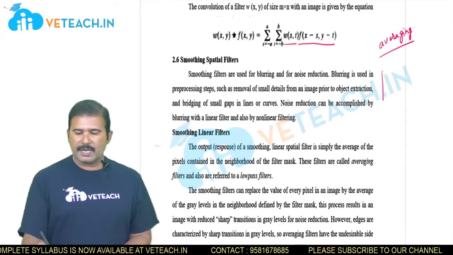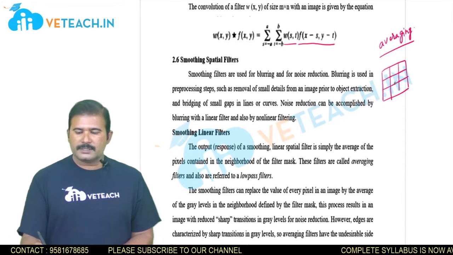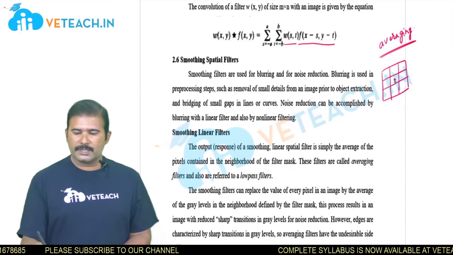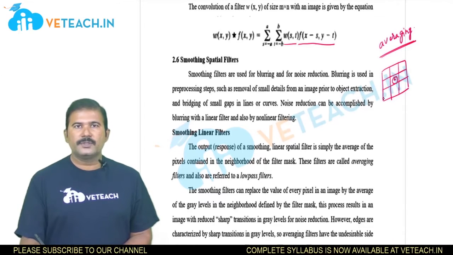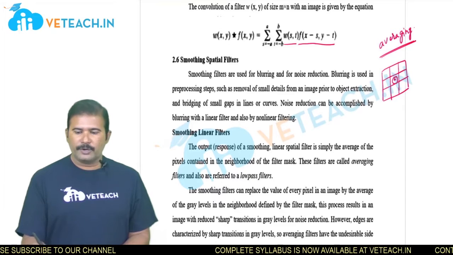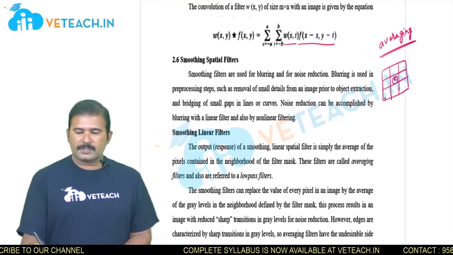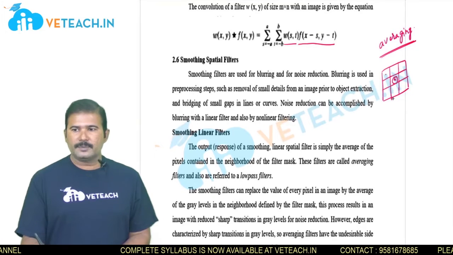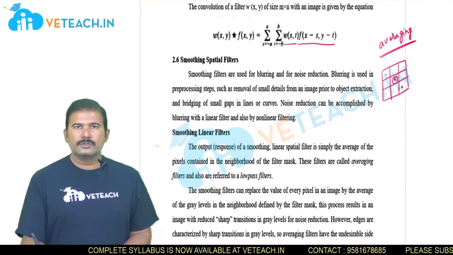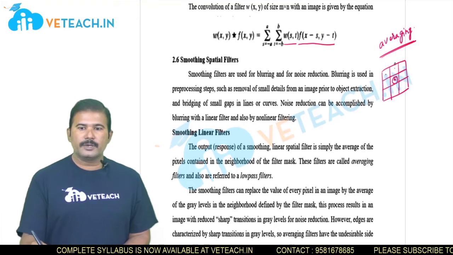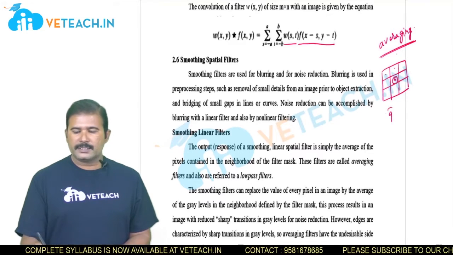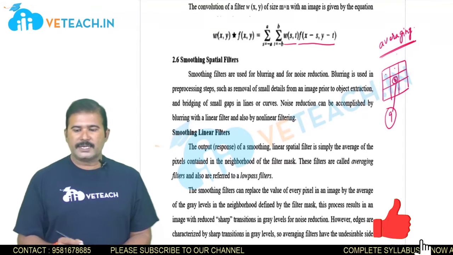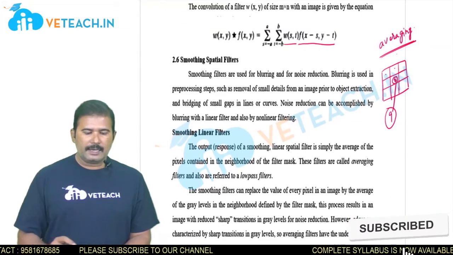If we select a 3 by 3 mask, the spatial filtering operation using averaging involves coinciding the center pixel with one pixel of the image being processed, finding the products of the original image values and the filter coefficients, and finding the average. That means it involves a total of 9 coefficients. So find the sum of products of the filter coefficients and the image and divide the result by 9. That gives the average of all these values, which replaces the center pixel in the image. So that is called averaging.